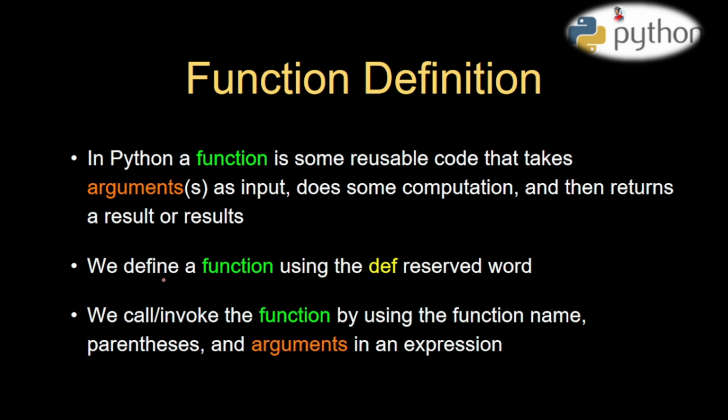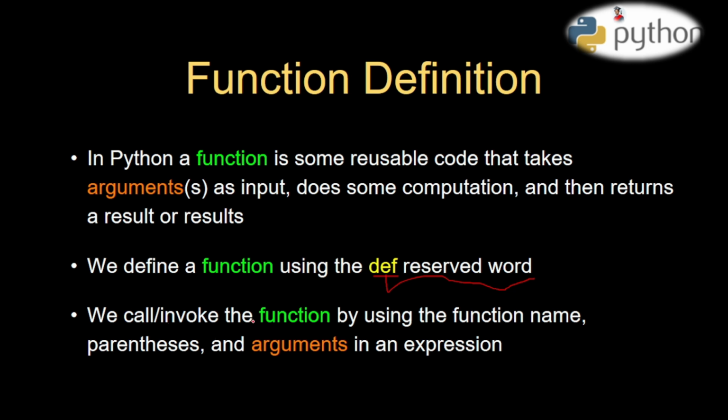We define a function using the def keyword, as I told you before, a reserved word. To define functions specifically in Python we use the def keyword. In Java, for example, we start with class to define or declare classes. So in Python we use the def keyword to define a function.